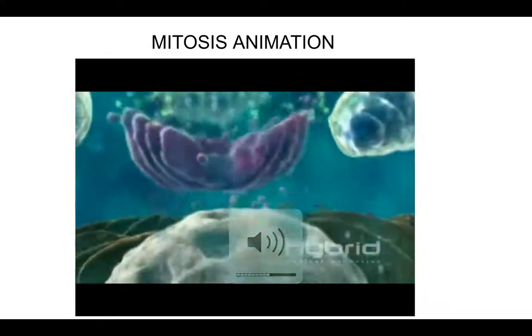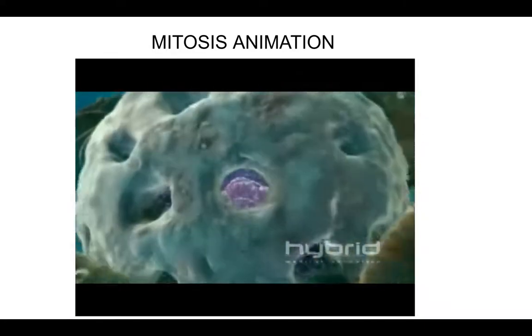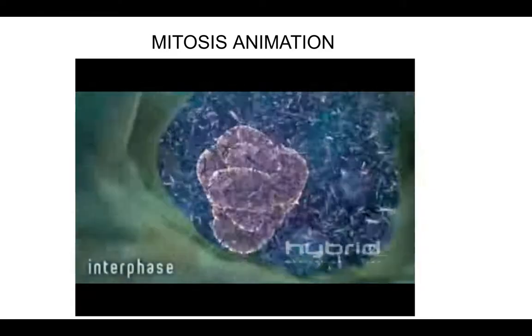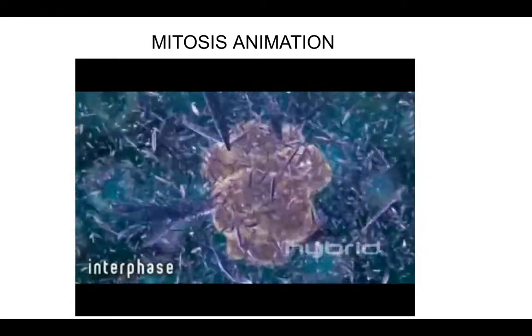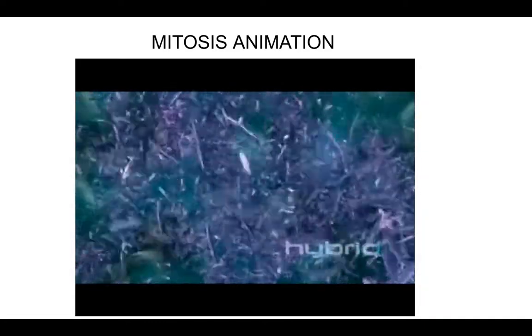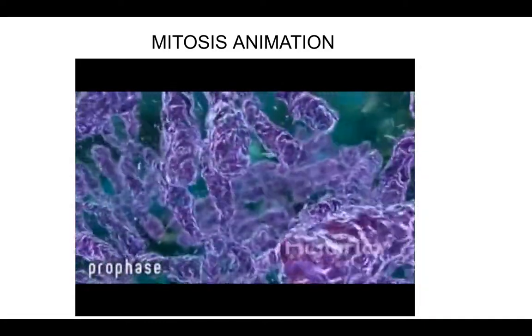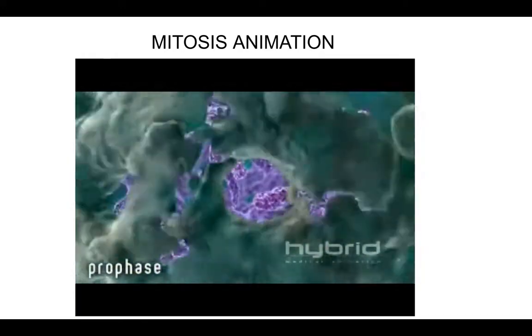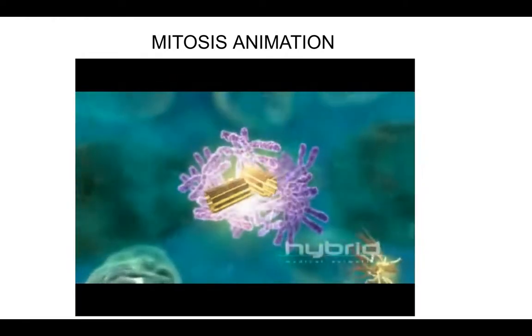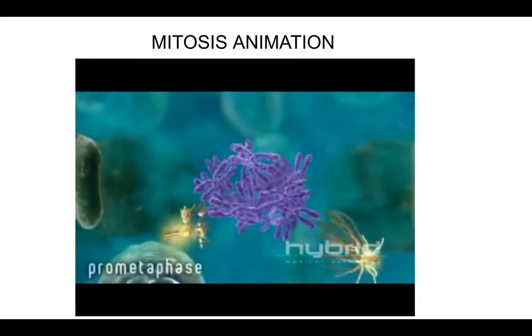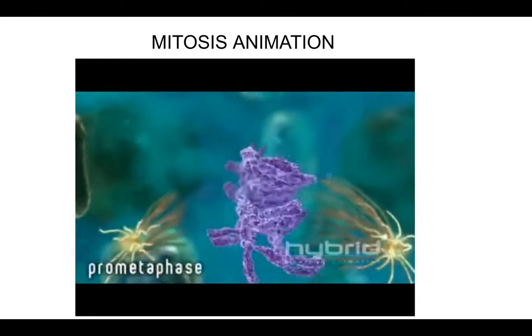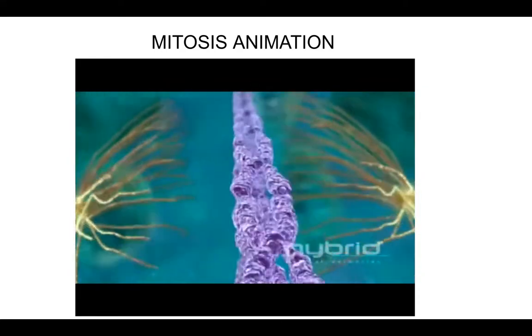So this is entering the cell. Those are organelles. Now we're heading into the nucleus, and we're going to watch nuclear division. So we see some chromosomes form. We see the nucleus disappear, and here comes our spindle.